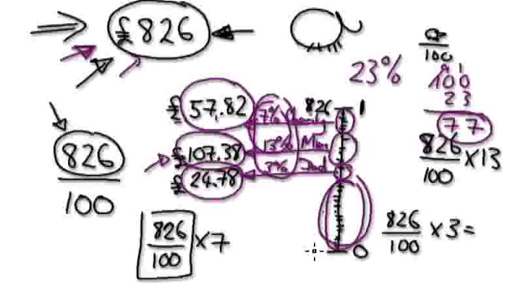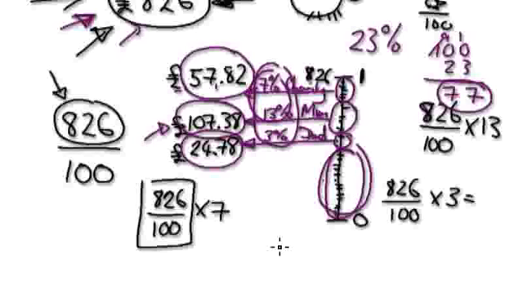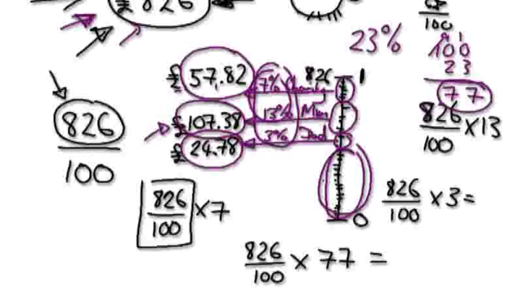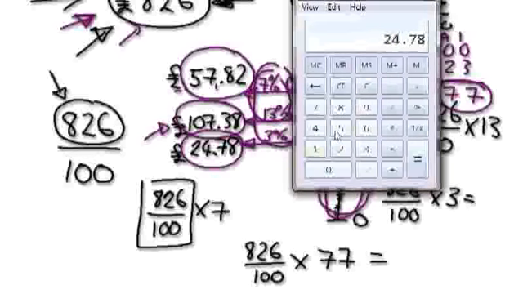So if you want to know how much you've got left, well, get your whole amount, which is 826, divide it into 100 pieces, and then don't forget you've got 77 pieces. So times 77. Let me clear it. 826, split into 100 pieces, and then don't forget you've only got 77 pieces left.